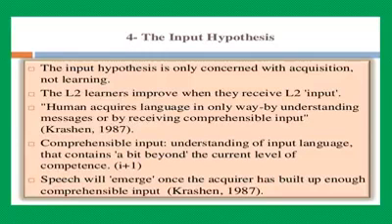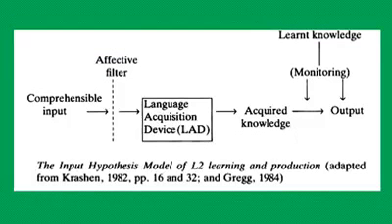Comprehensible input is understanding of input language that contains a bit beyond the current level of competence, which is i, and +1 means a bit beyond the above i. Then speech will emerge once the acquirer has built up enough comprehensible input. That means if the learner has enough input inside him, then he can produce i+1, the above level output.